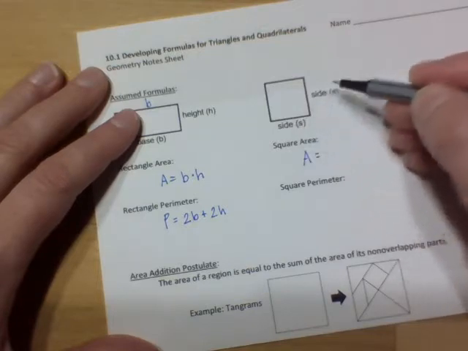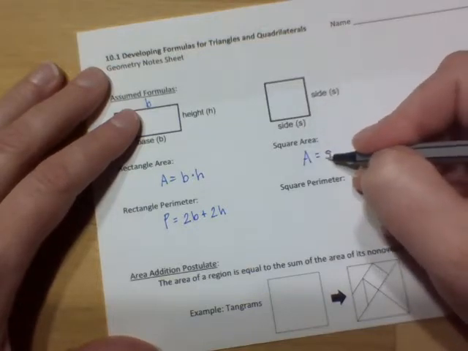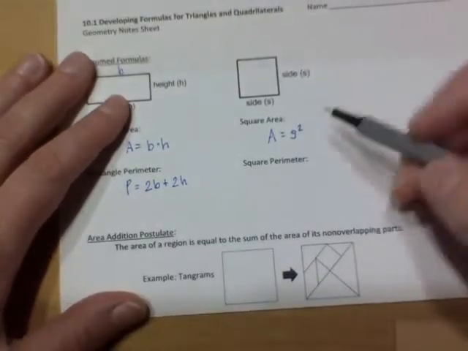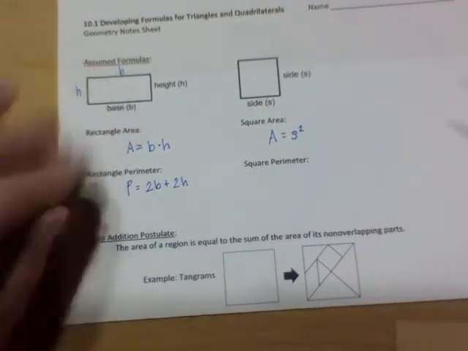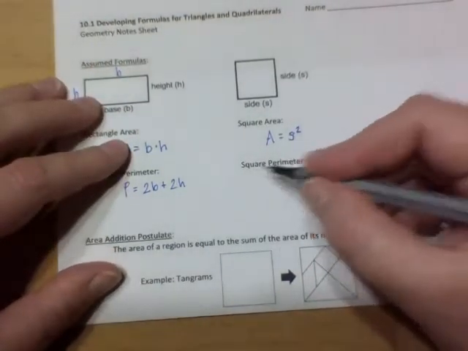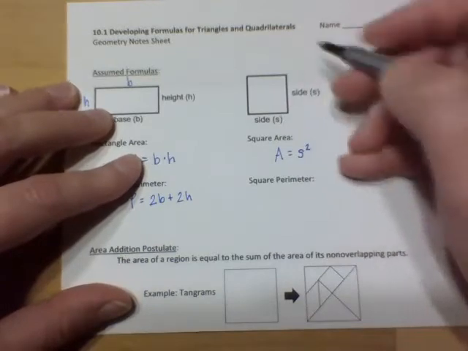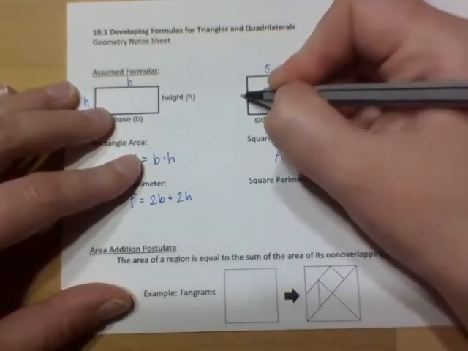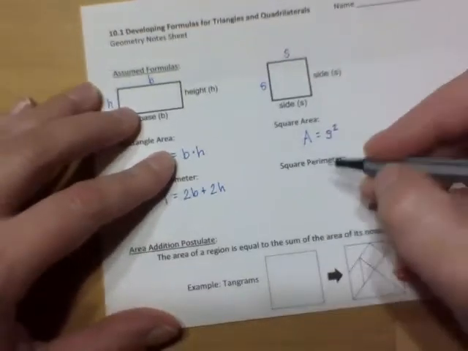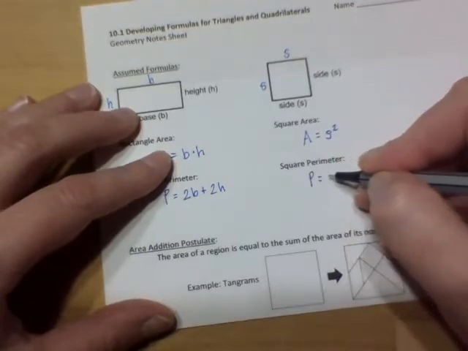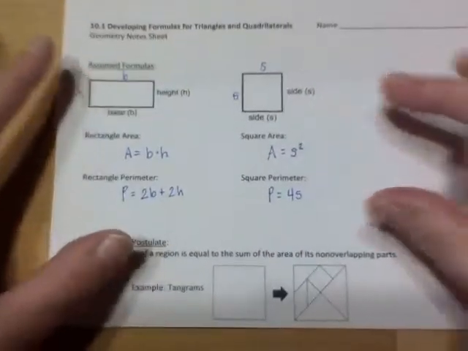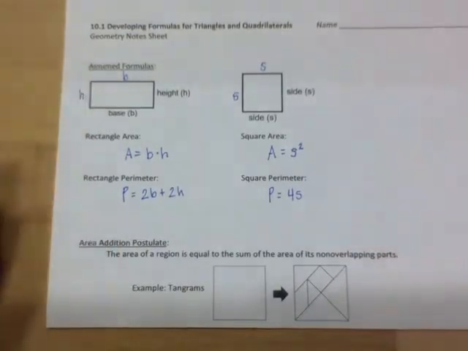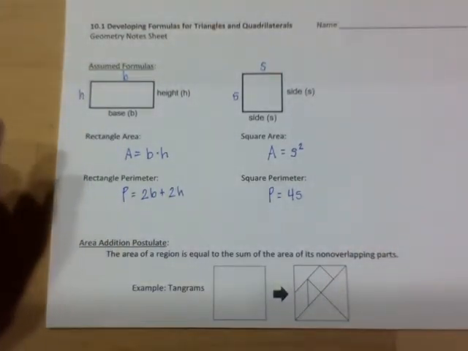And because it's the same thing, they actually call it side squared. Okay, so again, that is an S, not a 5. All right, and then your perimeter is going to be S plus S plus S plus S. And so all of those S's combined means that your perimeter is 4 S's. All right, so those are, again, assumed formulas that you know, and then we're going to reference them.